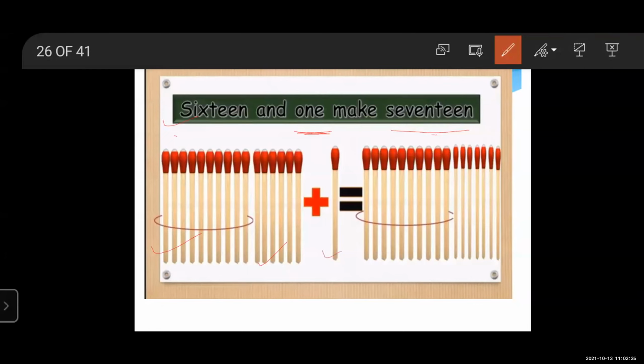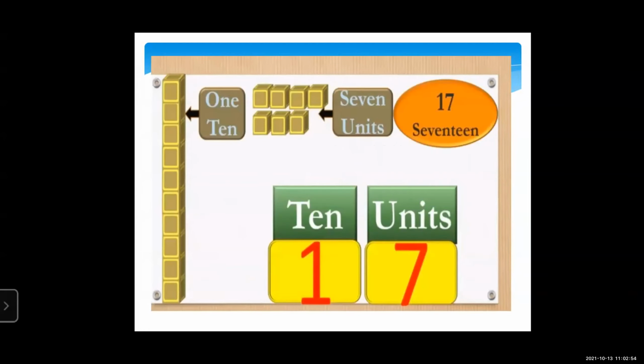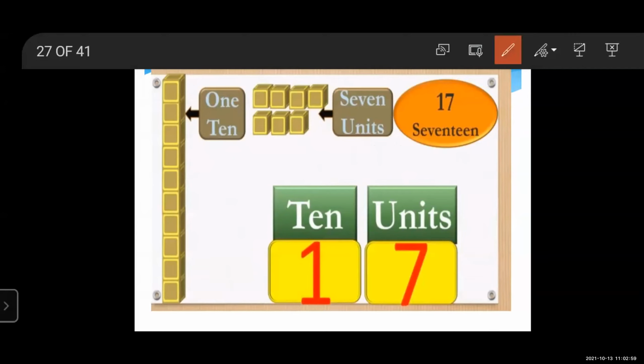Plus means add 1 matchstick, then we will get the answer 17. 10 plus 6 plus 1 is equal to 17 matchsticks. Now we will see how to write 17. What is the spelling of 17? See the blocks. There is 10 because 10 blocks are in one group and 7 units are there.